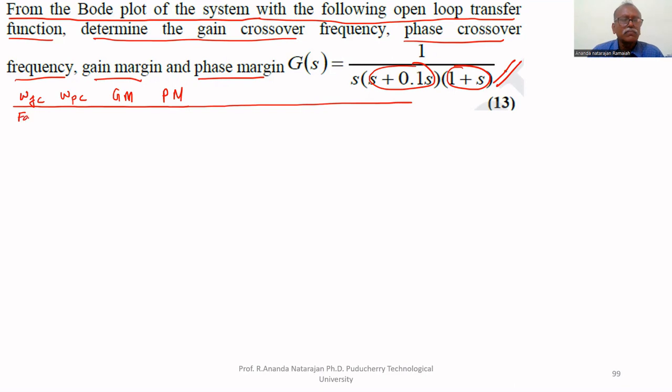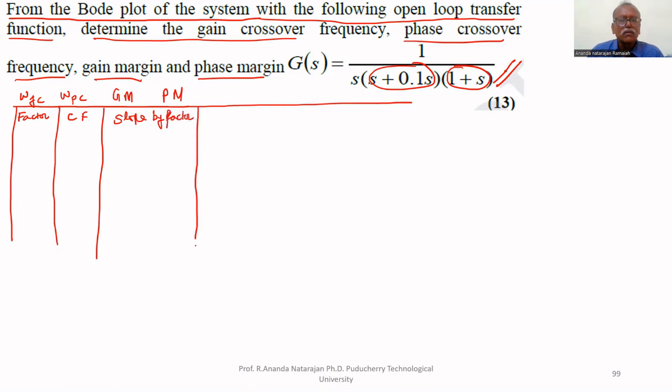We tabulate the factor, corner frequency, slope contributed by each factor, net slope, and coordinates.